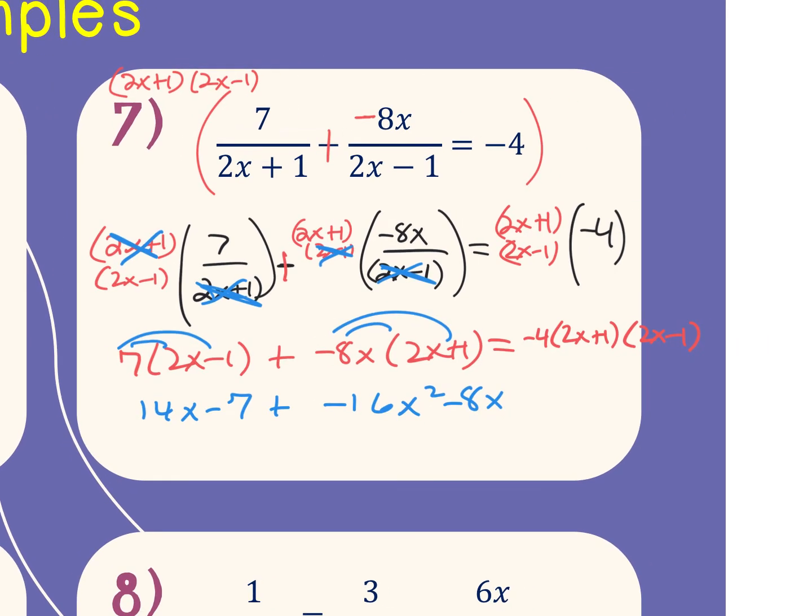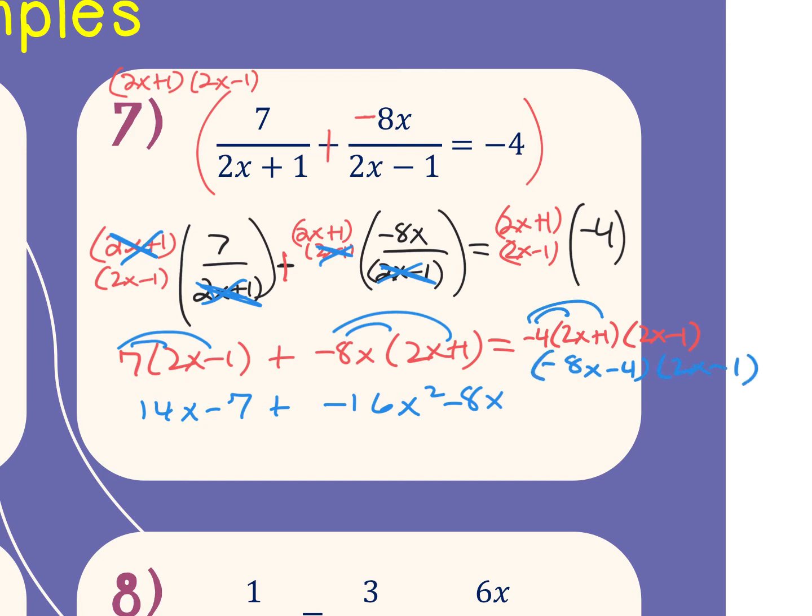And then to the answer here at the end, I probably can do this in 2 steps. You can either FOIL the binomials first, or you could distribute the 4 first, either way. So if I distribute the 4 first to the first one, I get negative 8x minus 4, and now I got to FOIL it with that one.